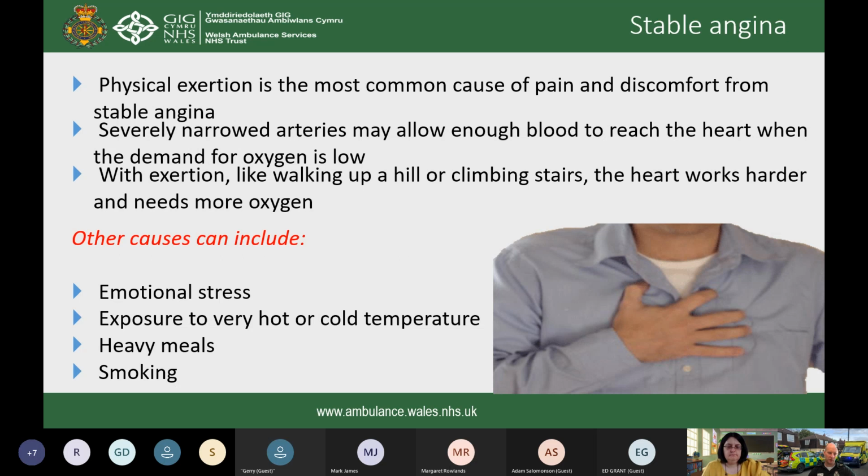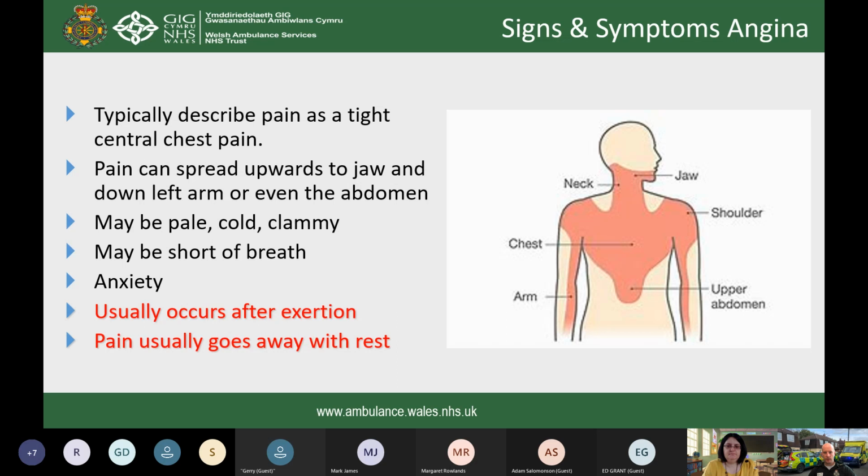And smoking is more of a cause of coronary artery disease than angina. So, signs and symptoms, as you've mentioned: the typical tight chest, someone sitting on the chest, central chest pain. It can radiate to the jaw, neck, down the arms, into the upper abdomen.